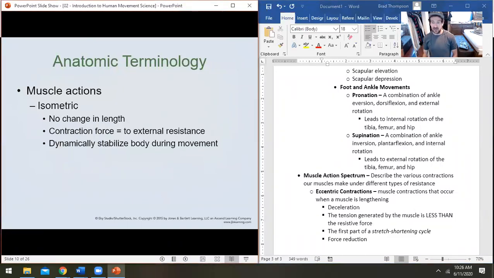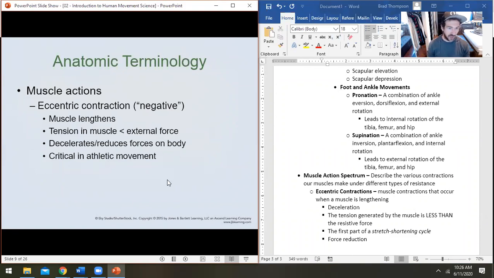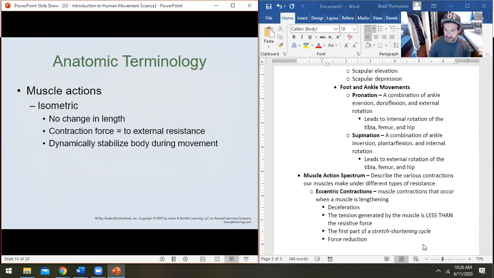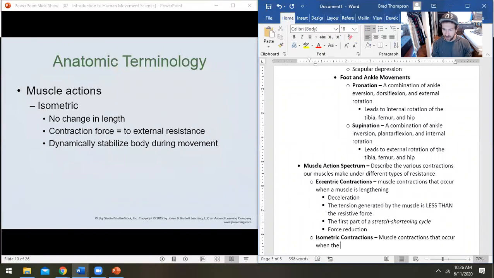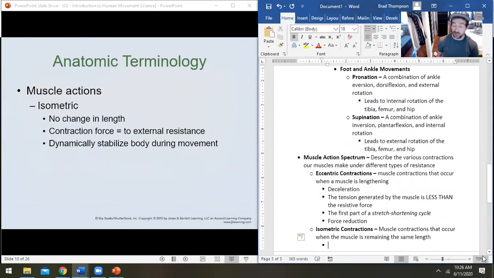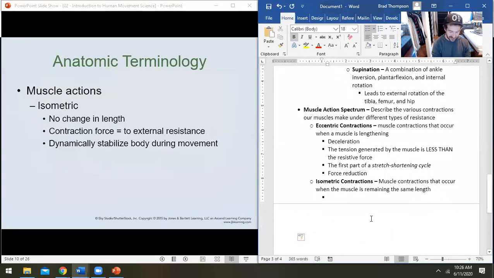Then we have isometric. These are muscle contractions that occur when the muscle is remaining the same length. So your muscle length is going to remain constant, right? So this is not deceleration, this is stabilization.